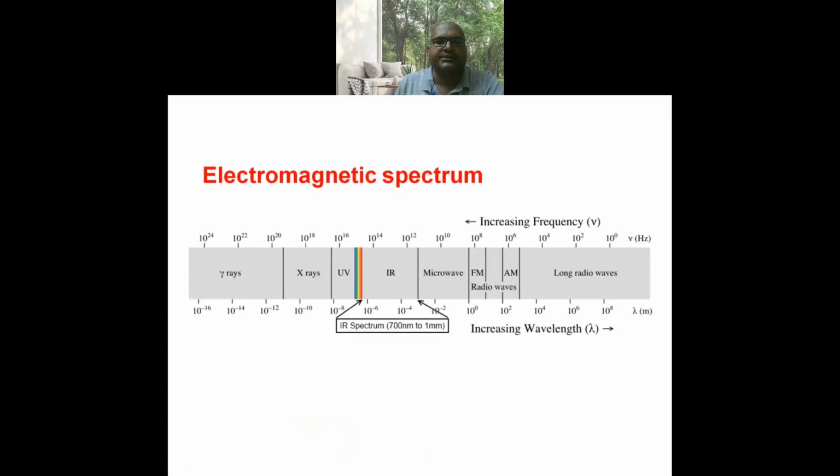And now, once again, just go through the spectrum of UV rays, visible light, and infrared light. The infrared spectrum ranges from 700 nanometer to 1 millimeter.